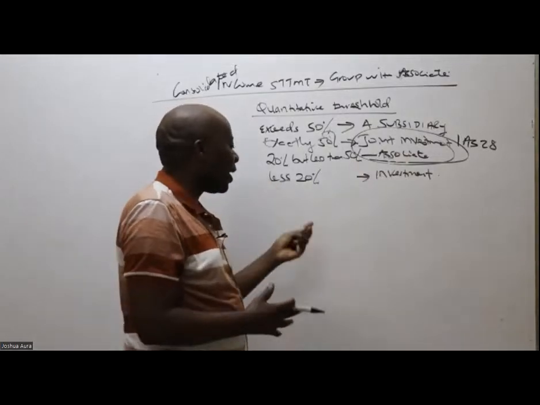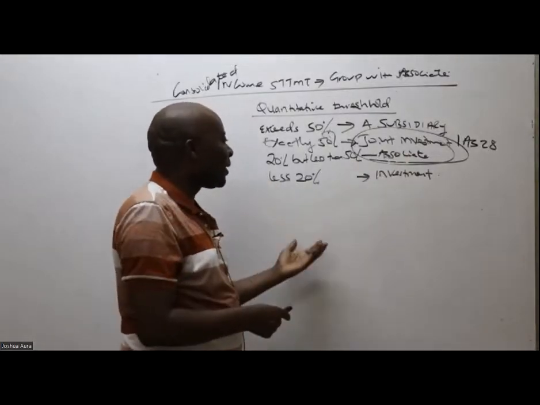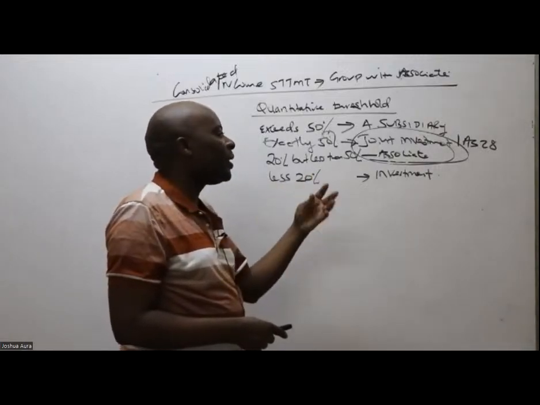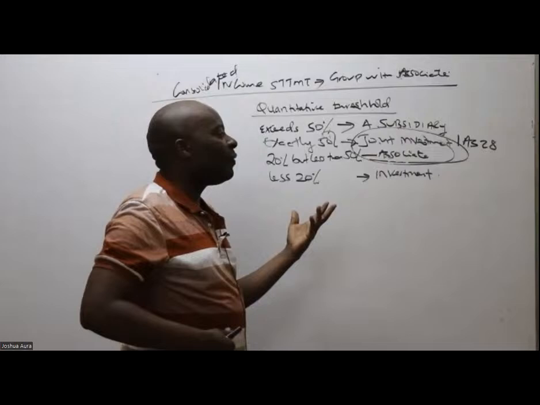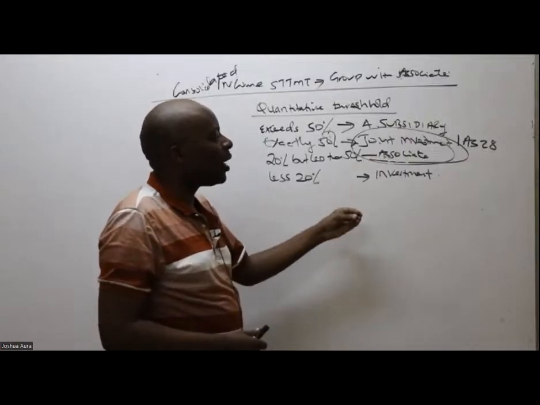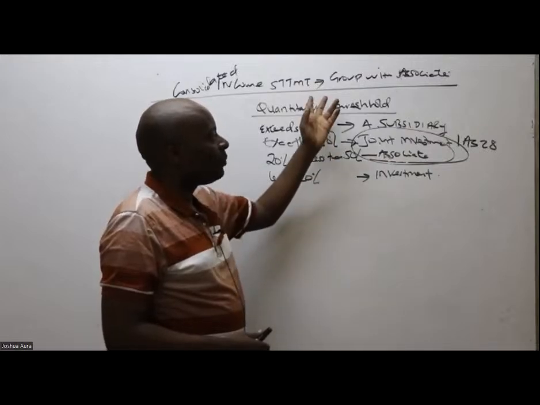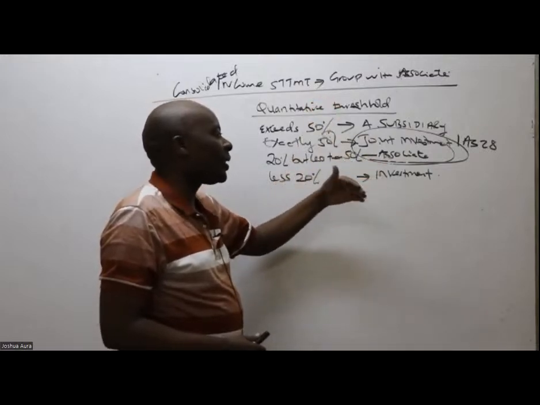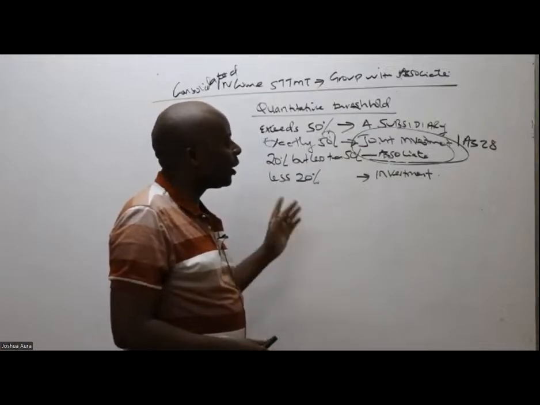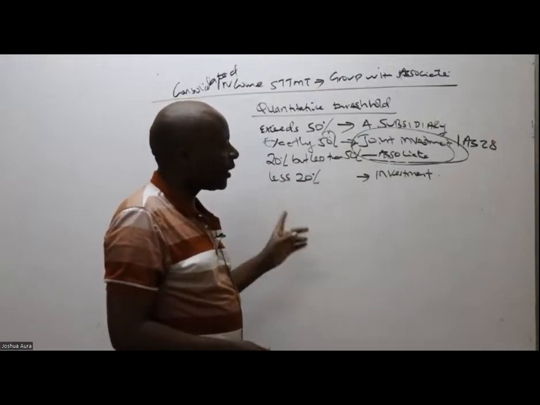And then anytime our investment is less than 20%, that is just a mere investment. That investee will be taken to our group statements either as a mere investment or what we call a financial instrument. So this is quite important for us.